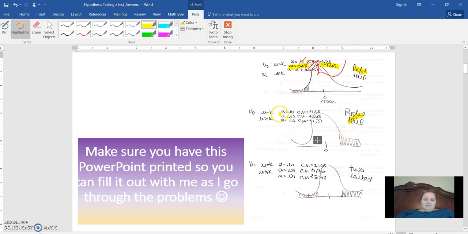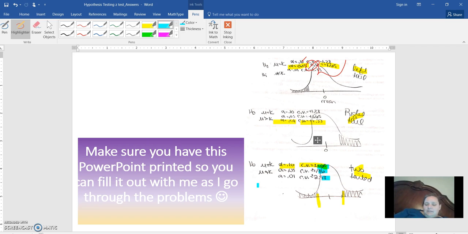If it's a right tail and alpha is 0.01, then the critical value is 2.33. If it's two-tailed and the alpha is 0.1, then there's two critical values because it's two-tailed. And so you get one negative 1.65 and one positive 1.65. Okay, notice that here, these values are the exact same as the ones we learned for the z-test before.